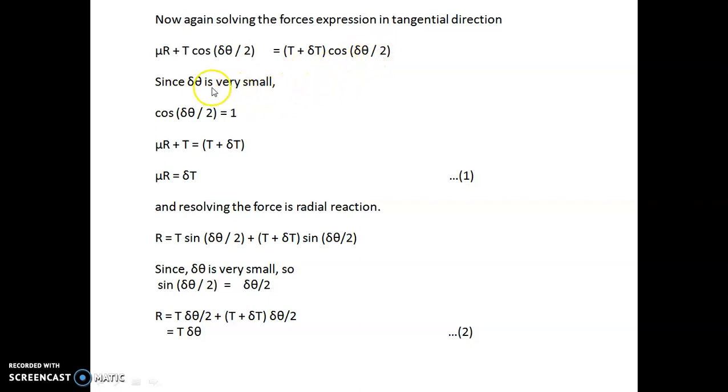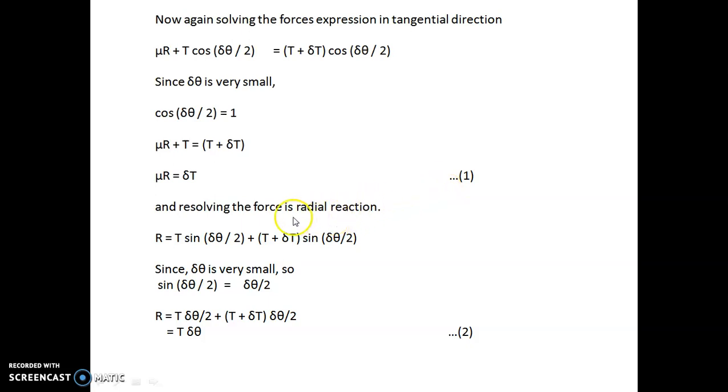Since delta theta is very small, we can take cos delta theta by 2 is equal to 1. So put this value in the above equation, we will get mu R plus T is equal to T plus delta T. So mu R is equal to delta T. T will cancel out. Equation number first.